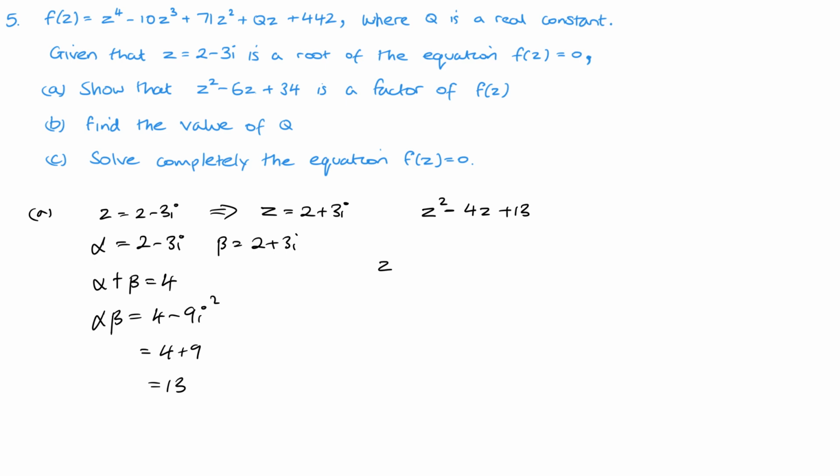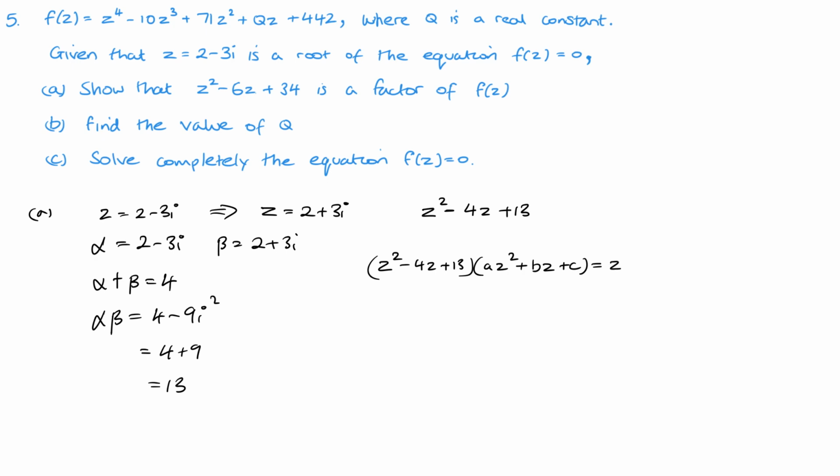So let's go z squared minus 4z plus 13, and this is equal to z squared minus 6z plus c... What am I doing? Started to read this out then. That's what we're trying to show, isn't it?